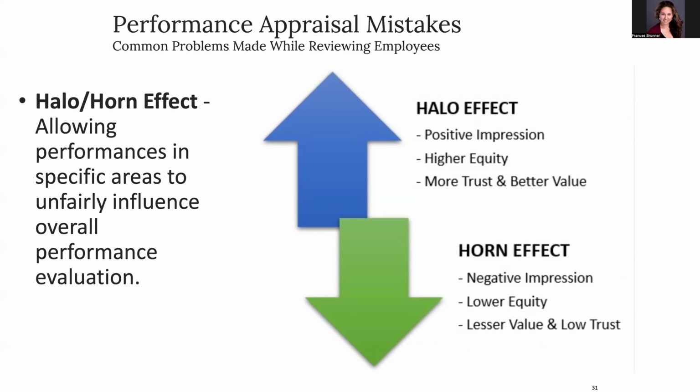In contrast, the halo effect is when there is a positive impression, which unfairly skews the view of the employee in the manager's eyes. Lastly, the similar to me effect happens when you give generosity to those who feel that are more like you.